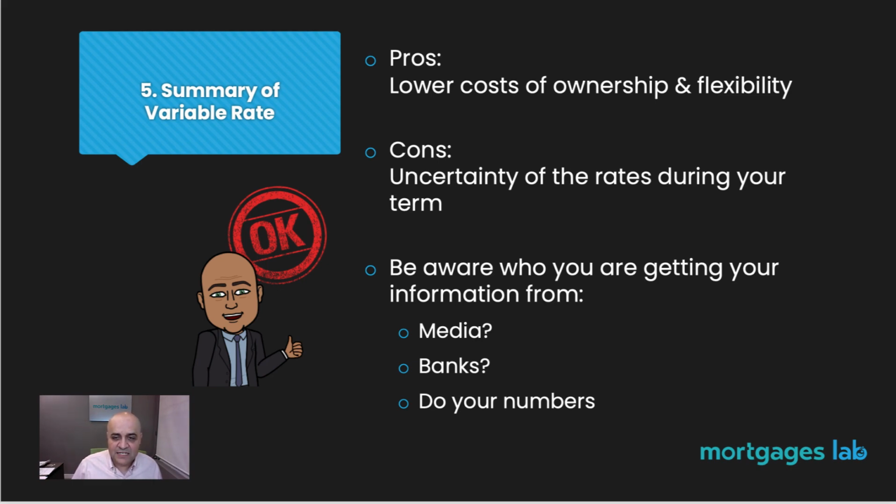They're not in the business of advising people to increase their net worth. They're in the business of making money. So just be aware when you get information directly from your lender, okay? It's better to have an independent mortgage broker help you out and give you independent advice, someone who is not linked to any bank directly. And most important, do your numbers.